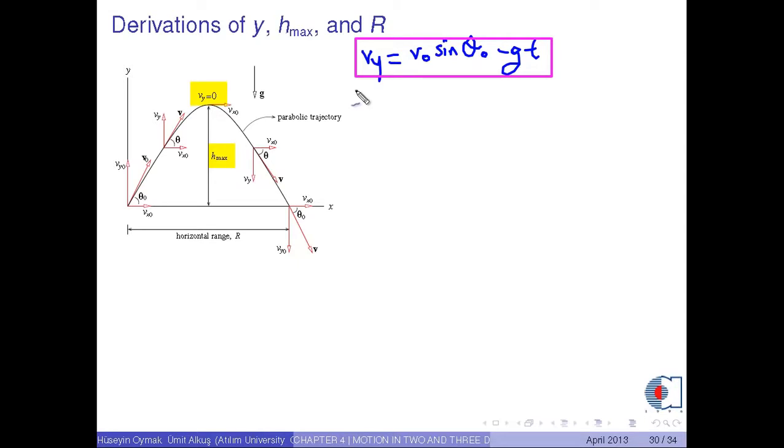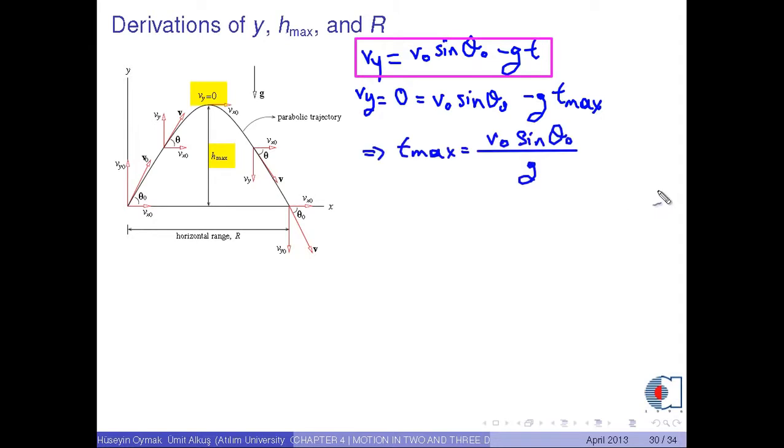Namely, Vy equals 0 equals V0 times sine theta 0 minus g times Tmax. Then the result for Tmax is V0 times sine theta 0 over g.